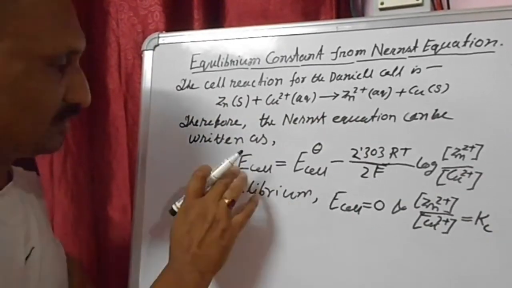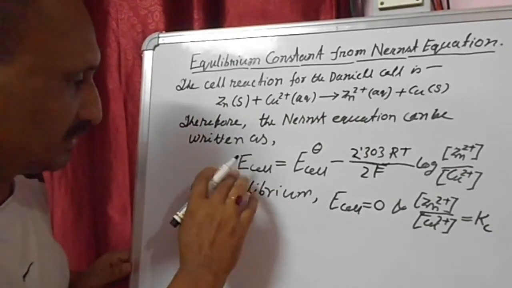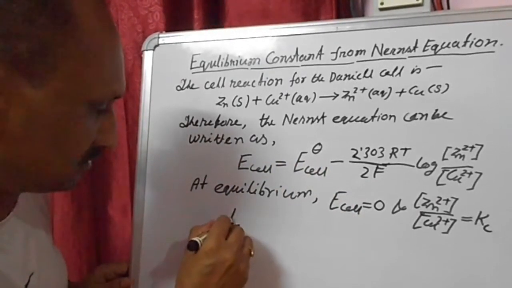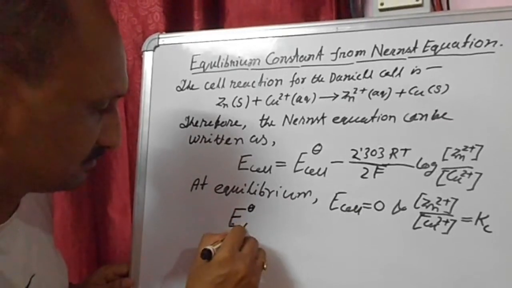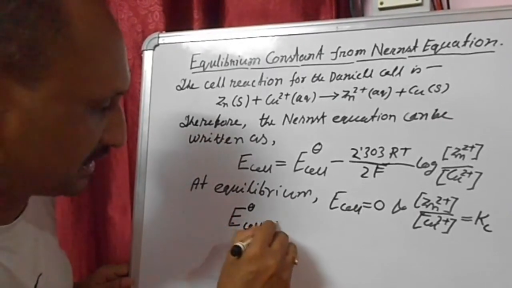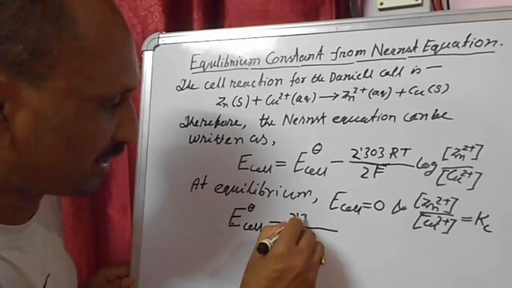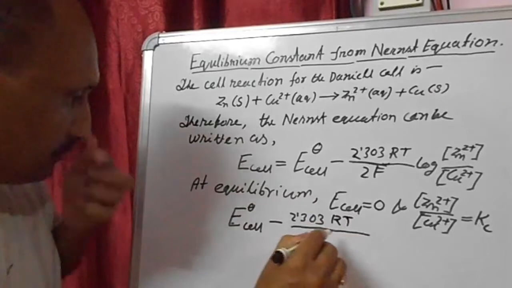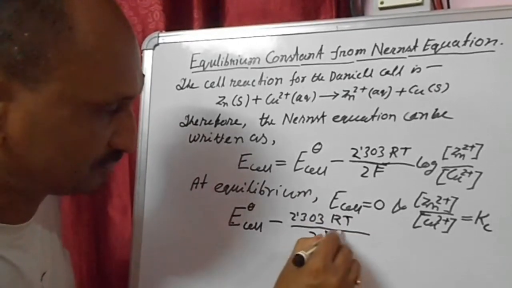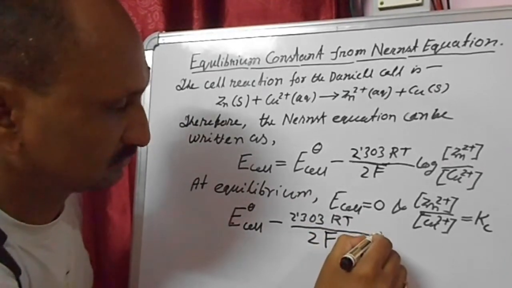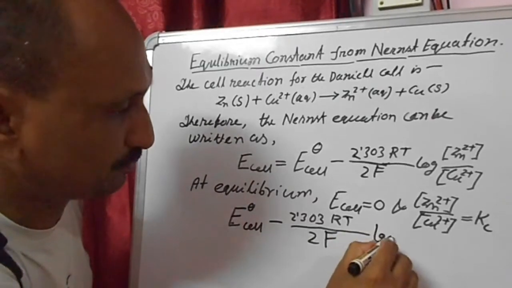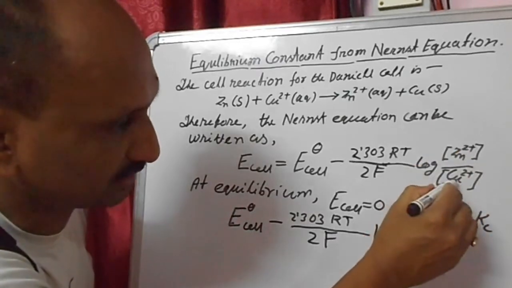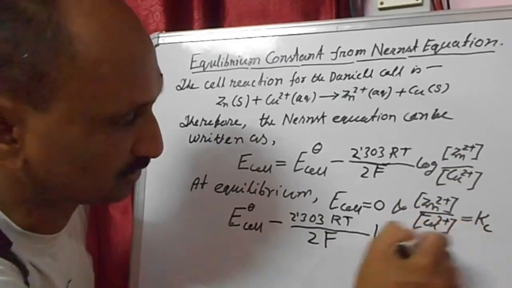So therefore this equation will be, with E cell equal to 0, E standard cell minus 2.303 RT divided by 2F log of Kc, since the log of concentration of zinc ion divided by concentration of copper 2 plus ion is Kc.